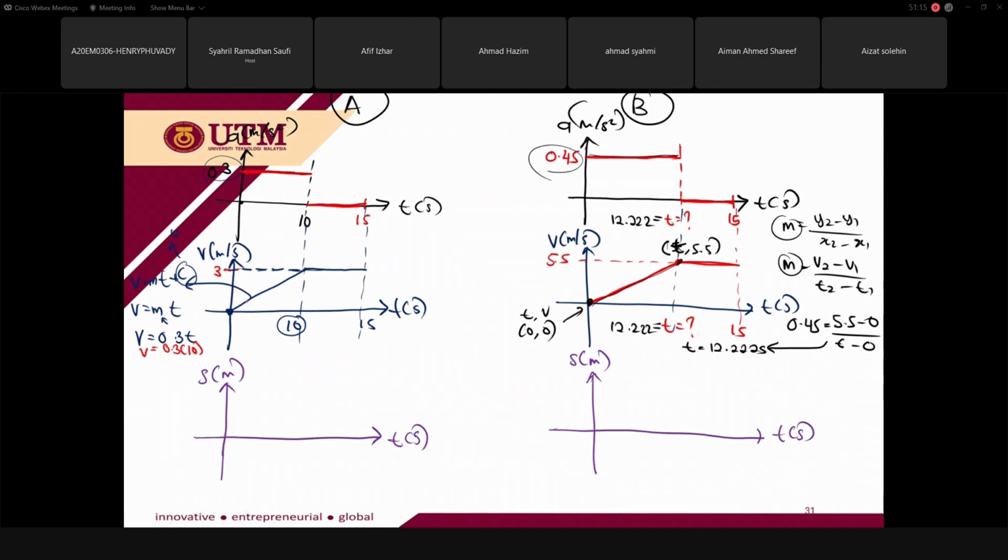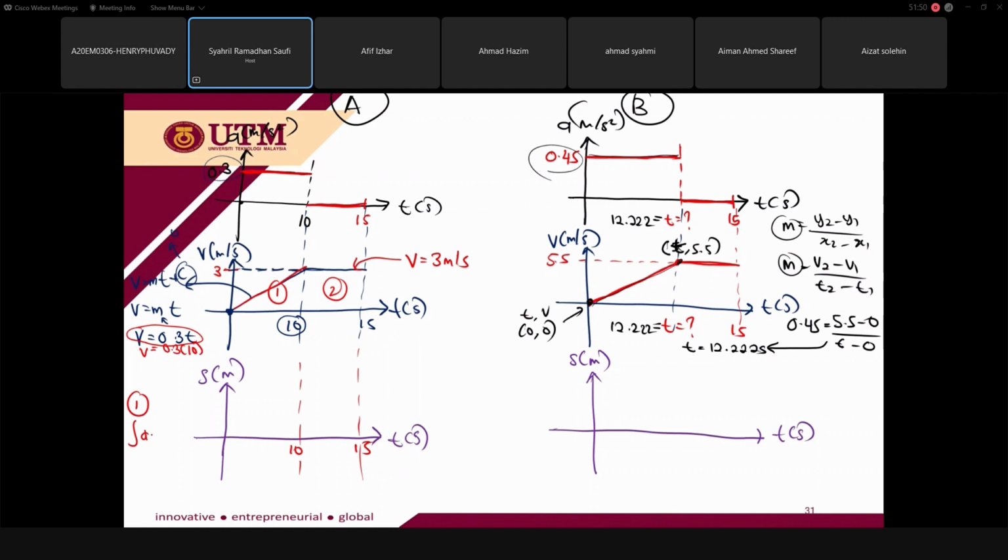You know that the equation of this line is v equals 0.3t, and the equation of this line is v equals 3 meter per second. So now you need to draw the displacement against time graph. Here is 10, here is 15. For the first section, and this is the second one.